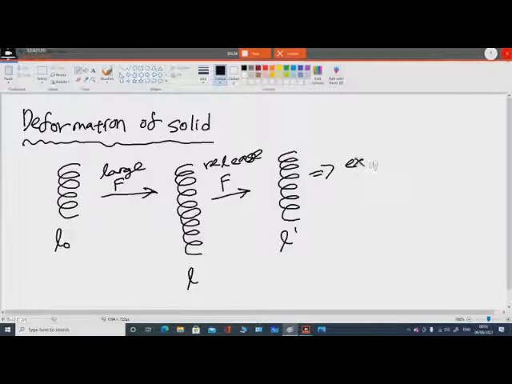has actually exceeded the elastic limit.